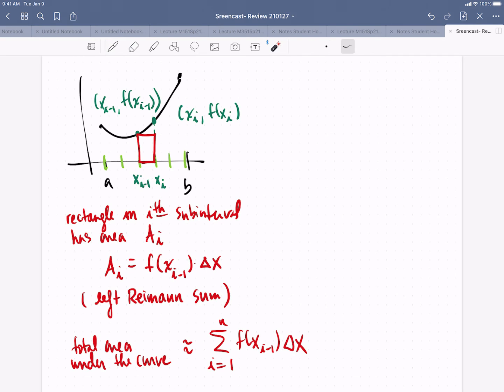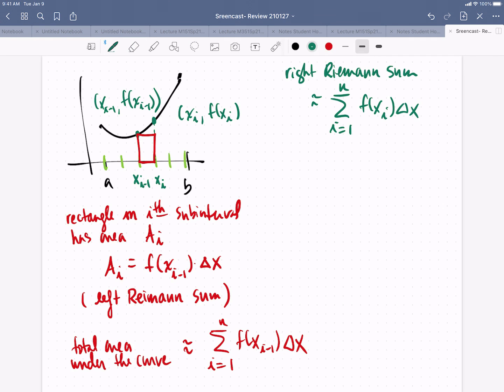And that's our Riemann sum. That's where the Riemann sum comes from. If I was doing a right Riemann sum, the formula would be slightly different. It'd be the sum as i goes from 1 to n of f of x sub i delta x.